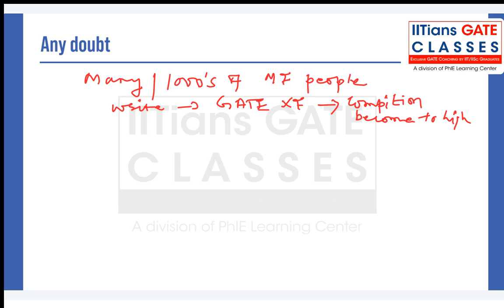Competition is too high. So what happened? In Gate XC, average marks become very high, so the Gate score comes down.